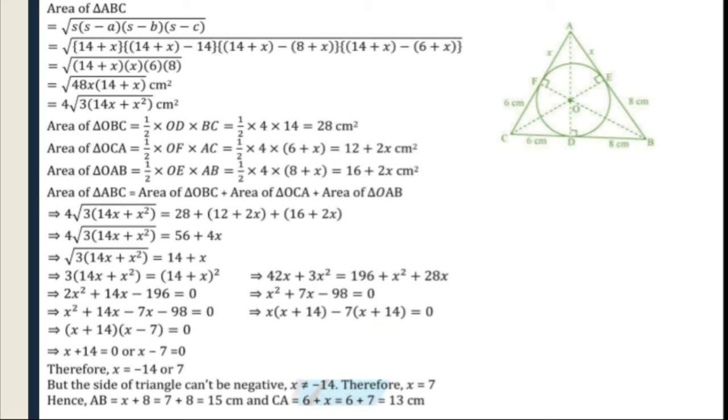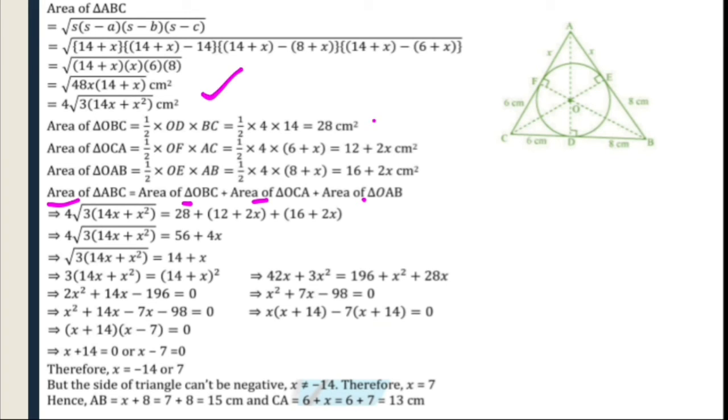Now if you look at the diagram, if you add this triangle with this one and with this one, if you add these three triangles, you will get the area of the whole triangle ABC. So look at here, you can write area of ABC is equal to the sum of the areas of these three smaller triangles.